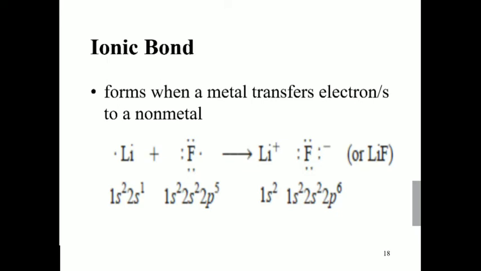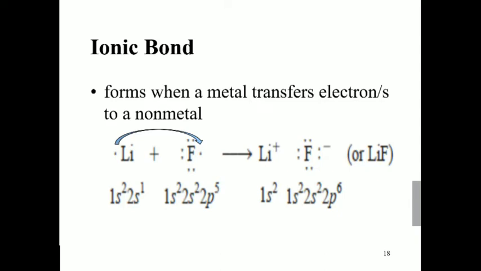So what happens is lithium will transfer its available valence electron to fluorine. As that happens, lithium will become positively charged and fluorine becomes negatively charged. So ions are formed when the two combine to form the ionic compound lithium fluoride, giving each atom stability.